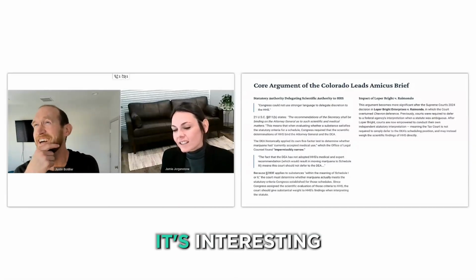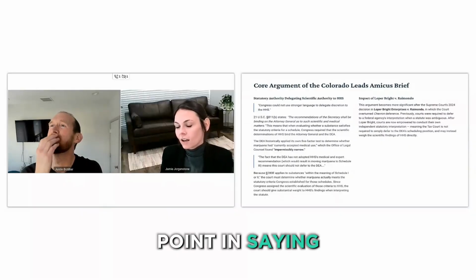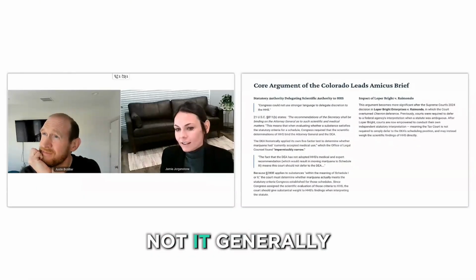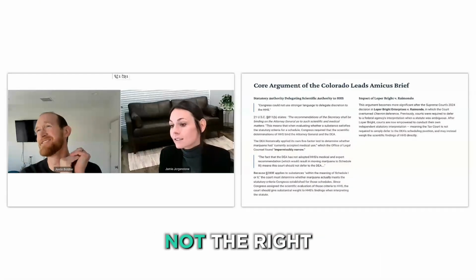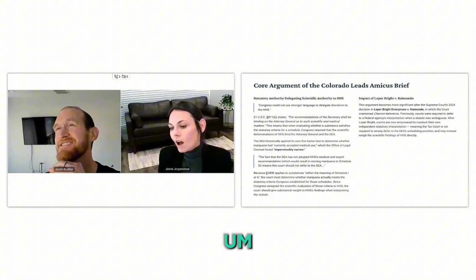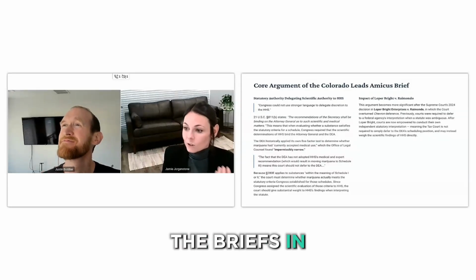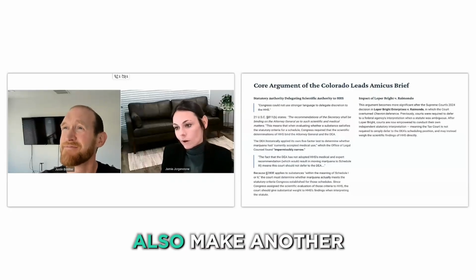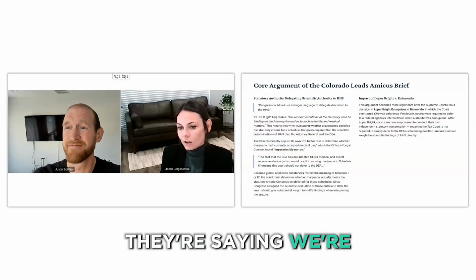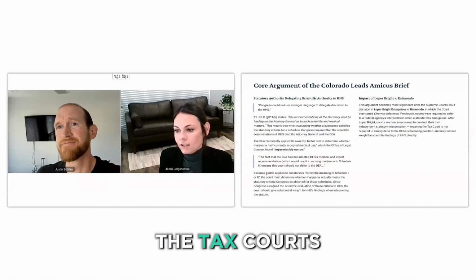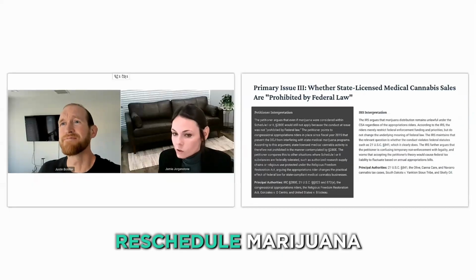Well, I think it's interesting. I think it's a good point. The IRS does make a good point in saying that the tax court is generally not the right venue to reschedule. But then I think the Friends of the Court briefs in support of the petitioner also make another very good point, which is that they're saying we're not asking the tax courts to effectively reschedule marijuana.